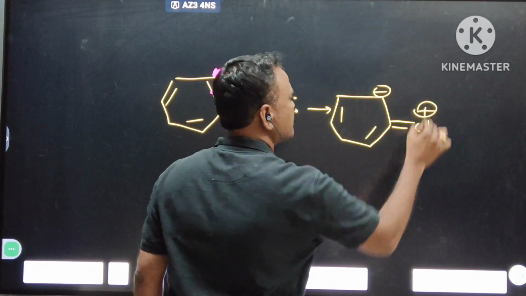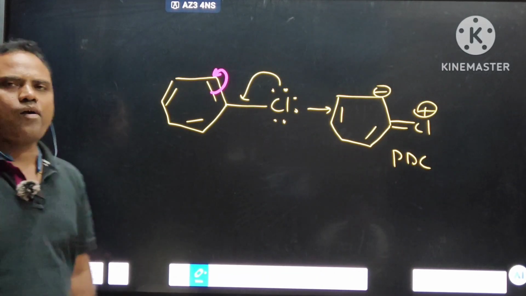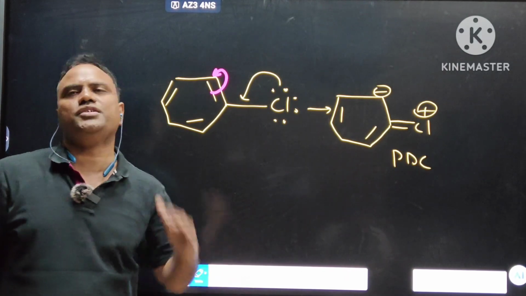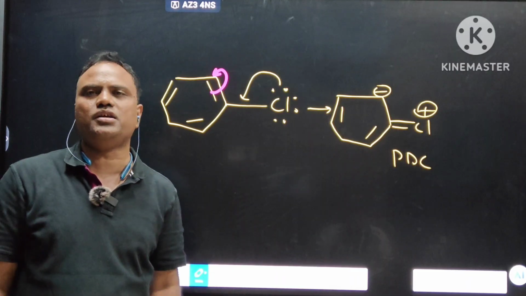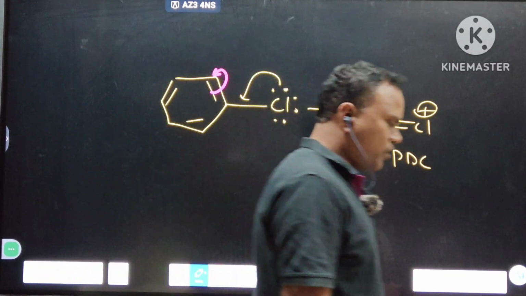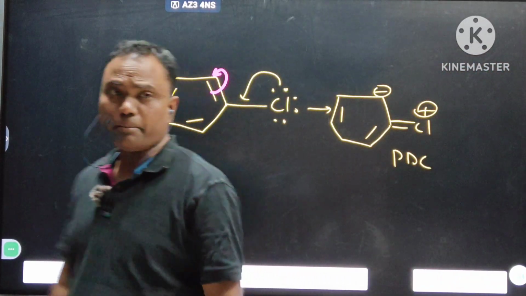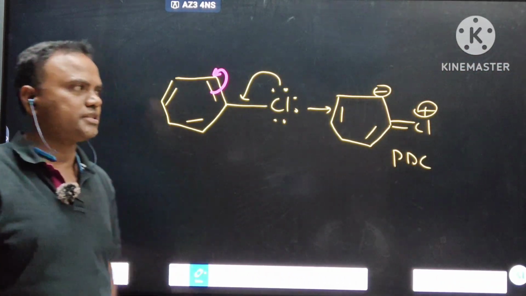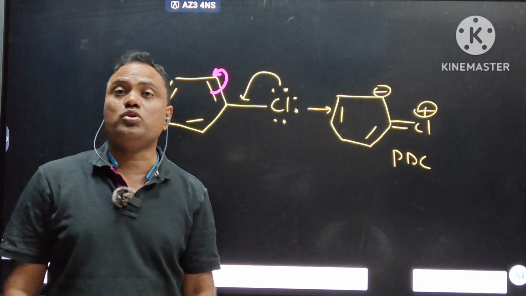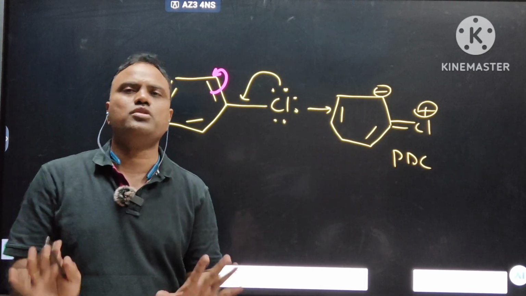Here also PDC character, partial double bond character. And the bridgehead halogen is a separate category. Just remember it, the reason is not important for that. According to Bredt's rule, positive charge at the bridgehead is unstable. That is the reason, but that reason won't come.